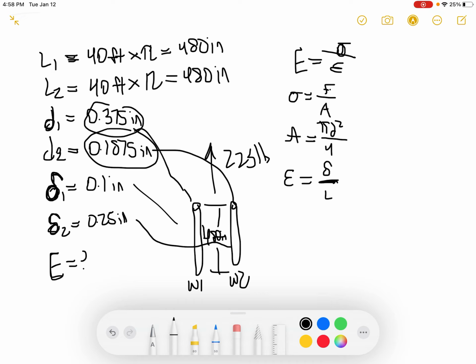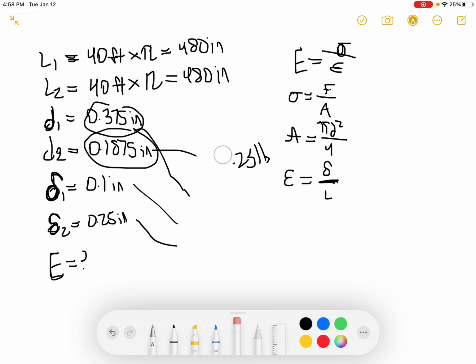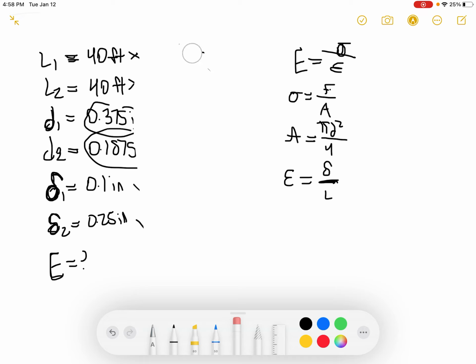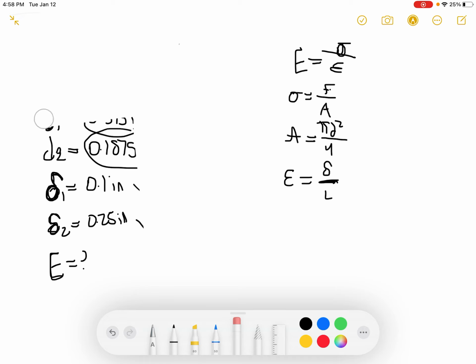First, we need to find the stress. But before we can find that, we need to find the area, actually. So, I'll have to erase all these things here, but you still should have it, just so I can have space to write it down.